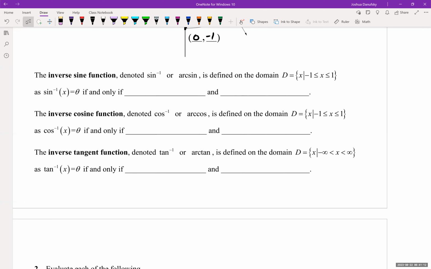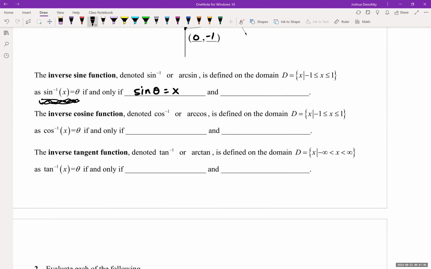So inverse sine, or sine inverse, which we're going to denote sine inverse, as you see here, sine with that -1, or arc sine. It's only defined for x values between -1 and 1. Now, we say that sine inverse of x is equal to theta if and only if two things are true. The first one is that if we took the sine of theta, it would equal x.